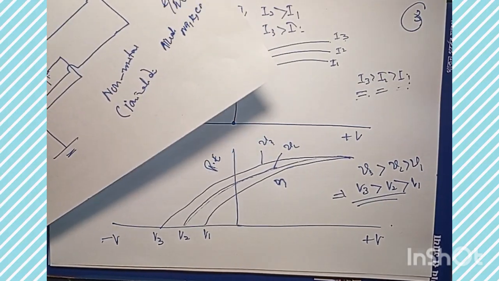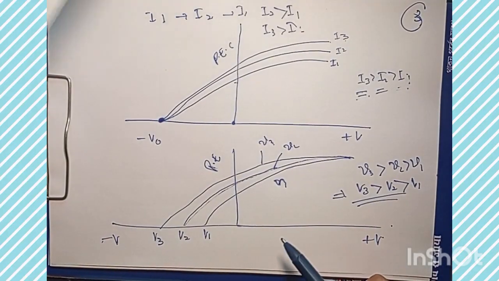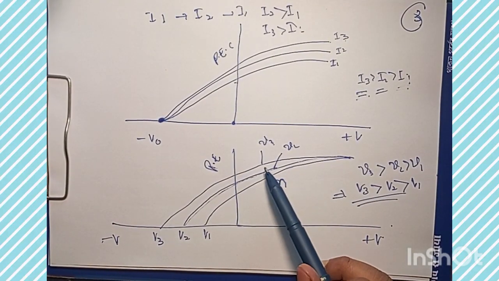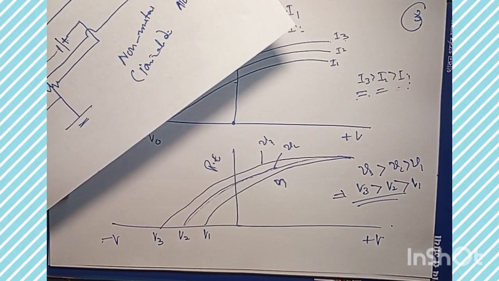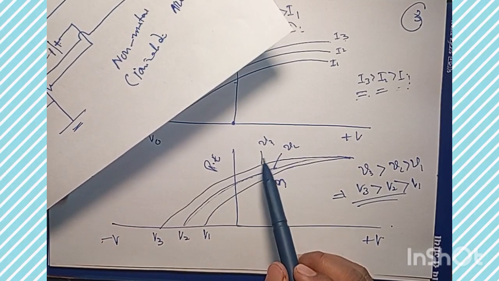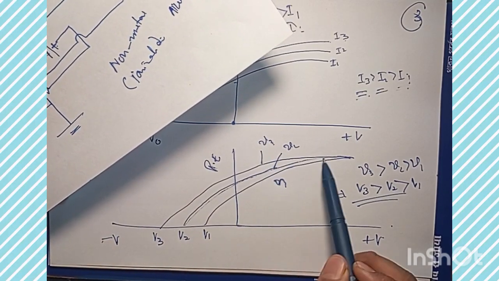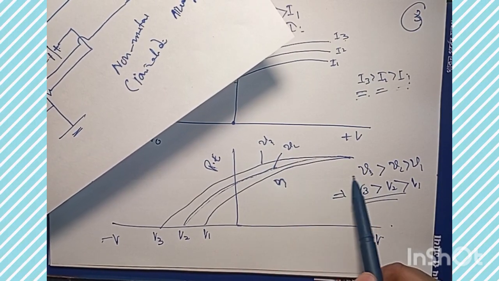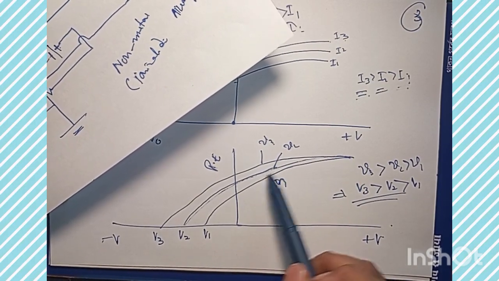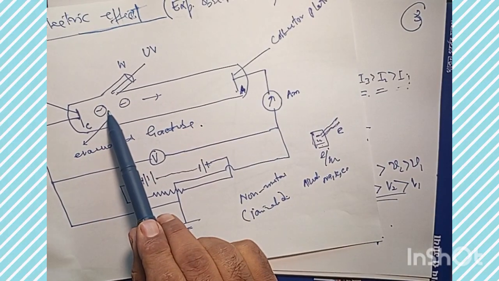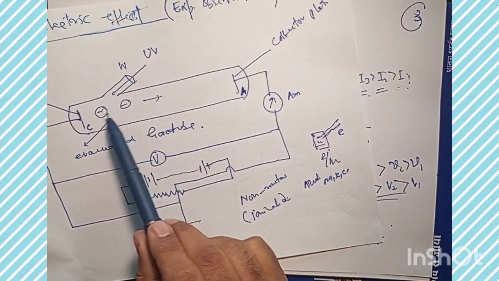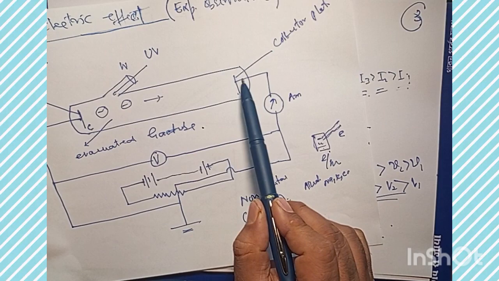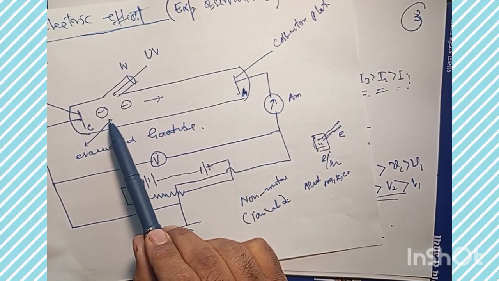So what does it mean? Why are we observing different stopping potentials for different frequencies in our experiment? The reason is that the curve having nu3, meaning higher frequency, means higher energy. So the electrons that are ejected with nu3 will have higher energy, and you need more stopping potential to stop these electrons.